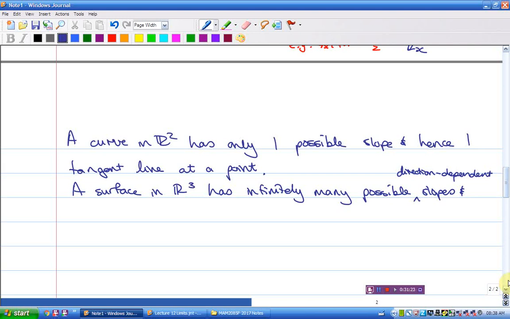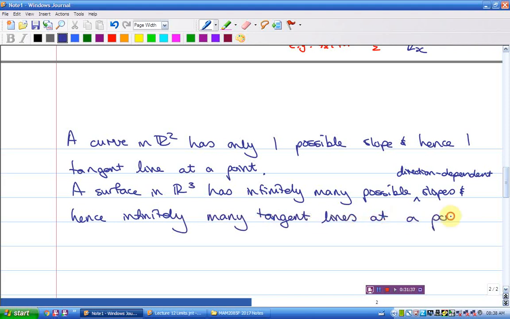Slopes and hence infinitely many tangent lines at a point. Because after all, if I'm standing at that point on the mountain, yes, I could move in the direction of increasing x. Yes, I could move in the direction of increasing y, but I could also move anywhere in between, maybe at 45 degrees or 30 degrees, or how about over there?